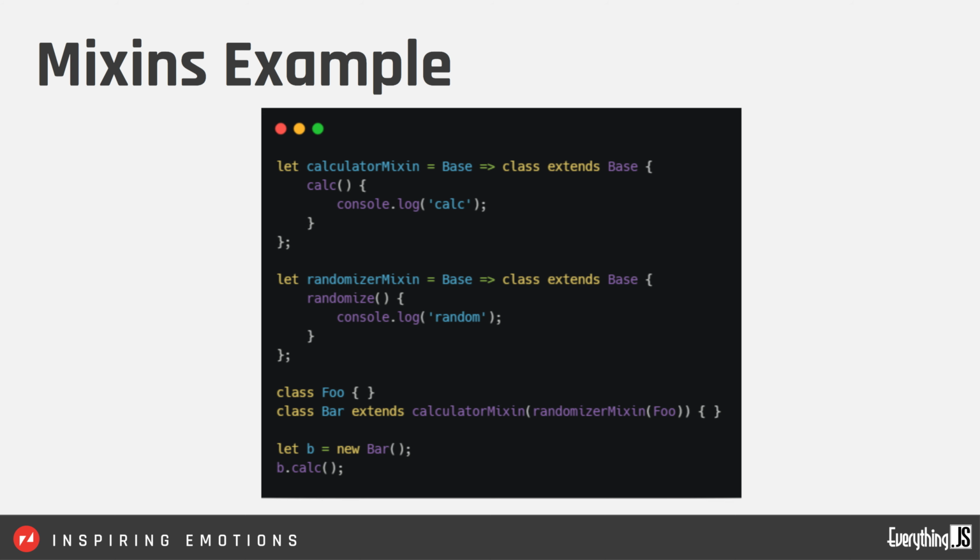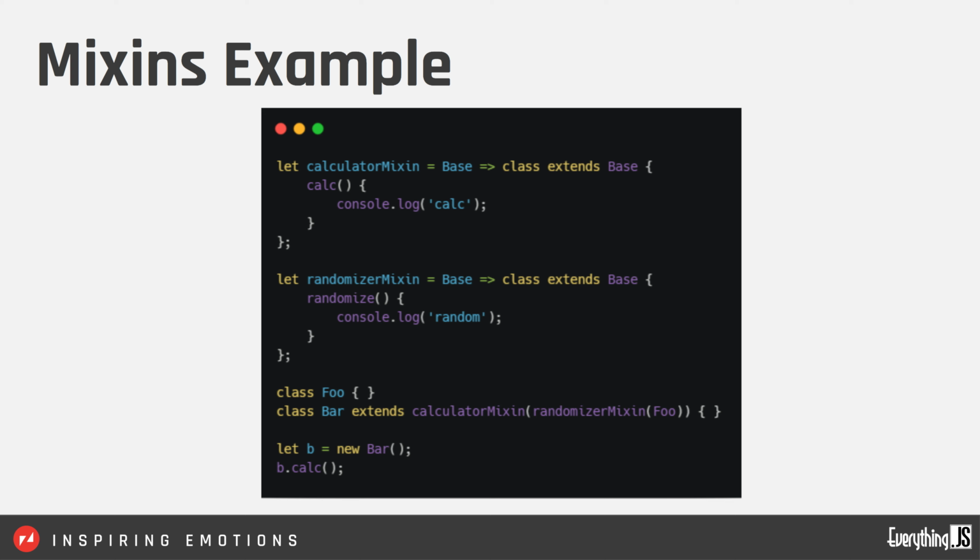Here we are using the class expression approach, where we are creating an anonymous class and extending it with base, which is the argument we got, which is a class. So we are extending an anonymous class with whatever methods we have in the base class, and this particular anonymous class has a calculate method. So if you call calculate mixin with a particular class name, it will add this calculate method and create a brand new class and give it to you.